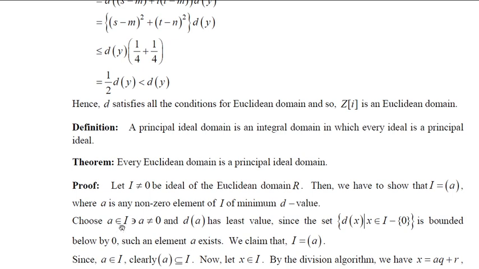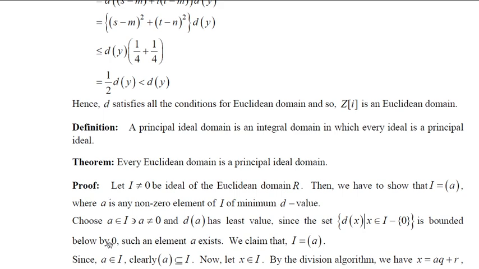Now, let's say A is an element in I such that A is non-zero and D of A has the least value. Who is assuming this? We ourselves. Why is this true? Because we know that the D value of each and every element of I other than 0 is greater than or equal to 0.